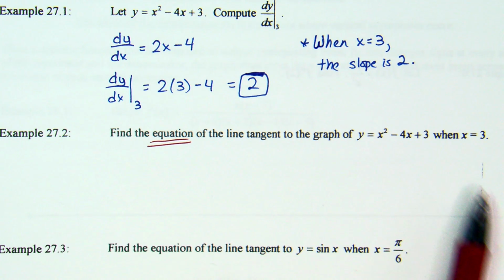What do we already have here? We have the slope from above, and we have an x-coordinate, yes? So if the x-coordinate is 3, what is the equivalent y-coordinate? 0.